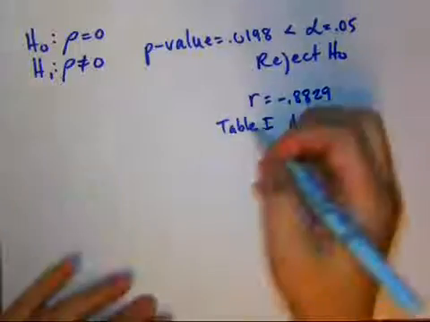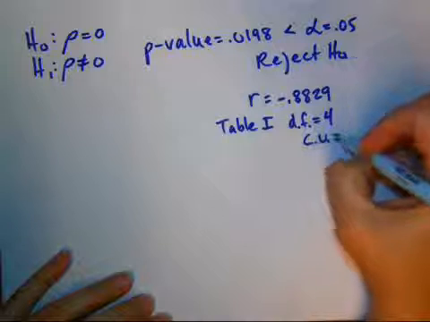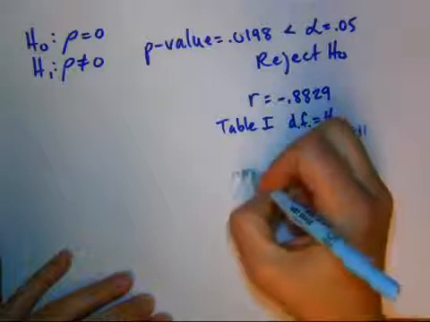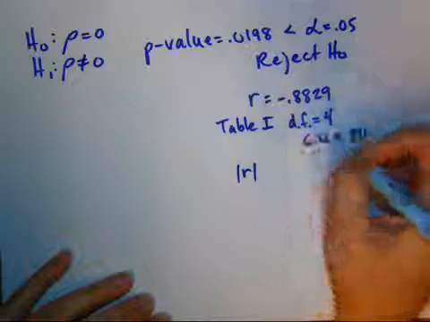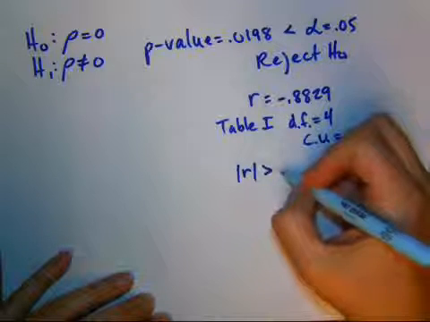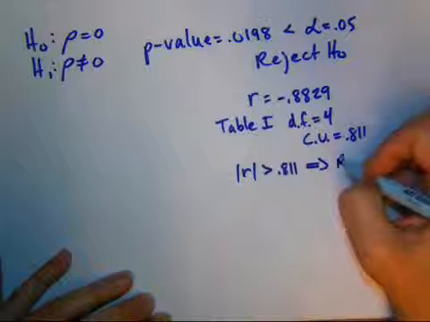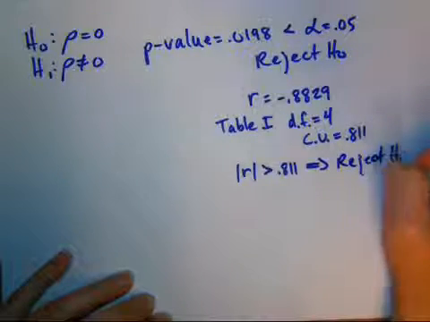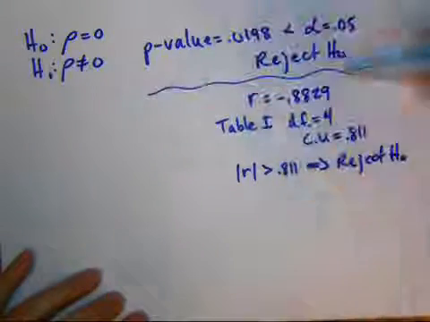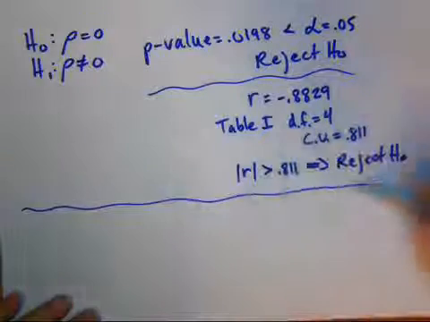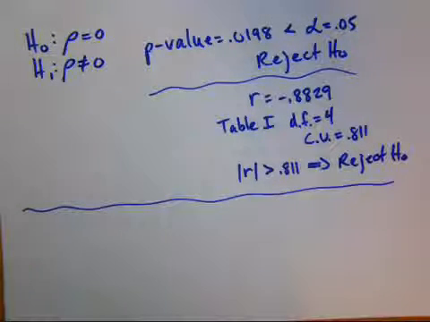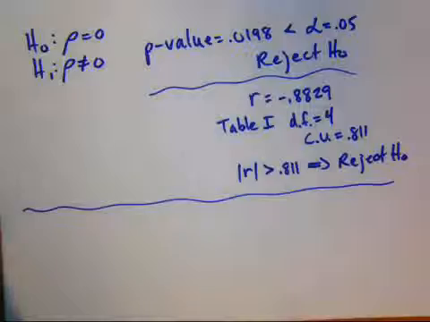It says 0.811. So that means if the absolute value of r is greater than that critical value, you reject H naught. So either way of those works. All right, so we know that there's a significant relationship between these two things.